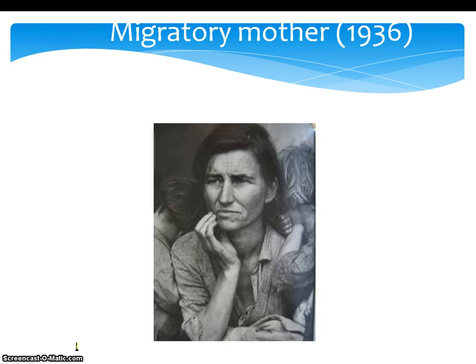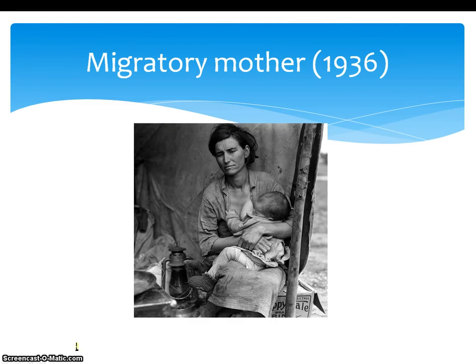A lot of people, this brought home what was going on in the states out west and how people were trying to survive during the Great Depression. Same woman, another picture, her trying to feed her baby.